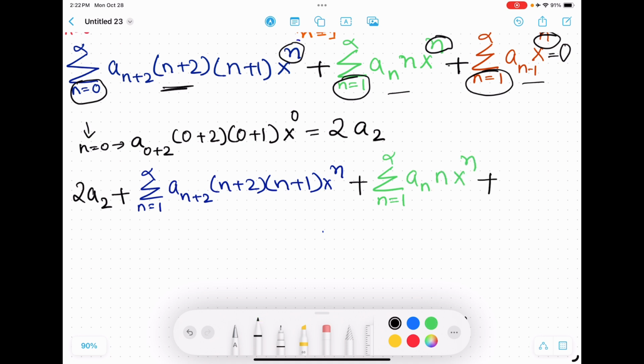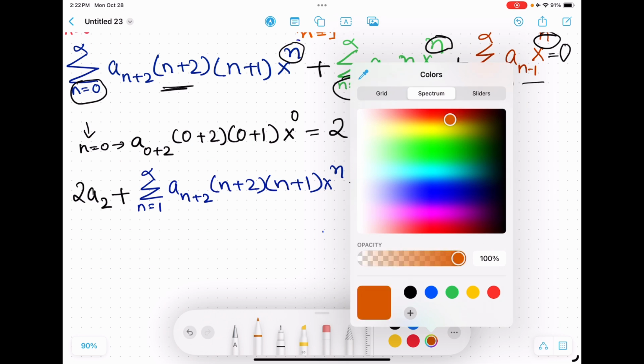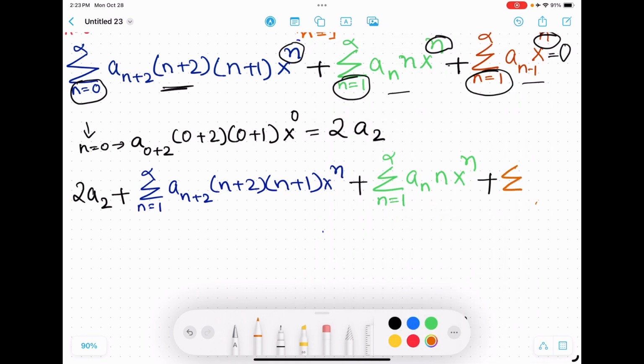Then I have my third power series, again pulling up the green color. It's a little lighter than the previous one, but it's fine. We can still work with that. Equals 0.